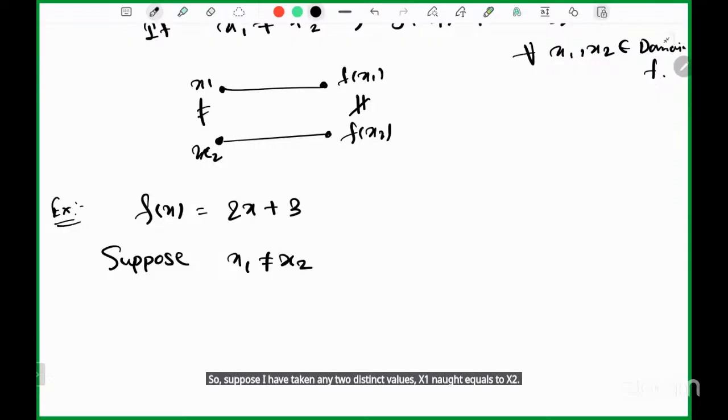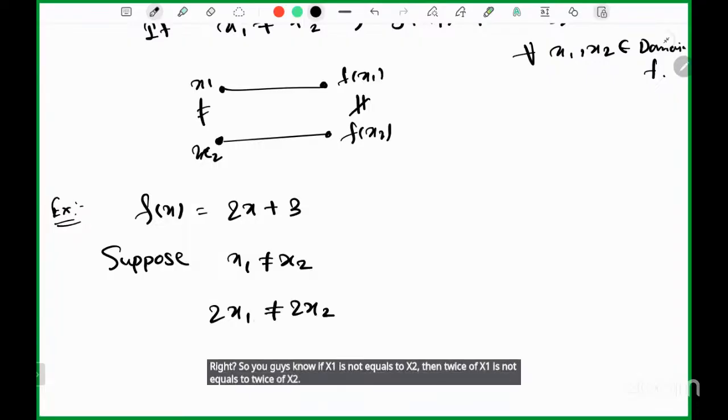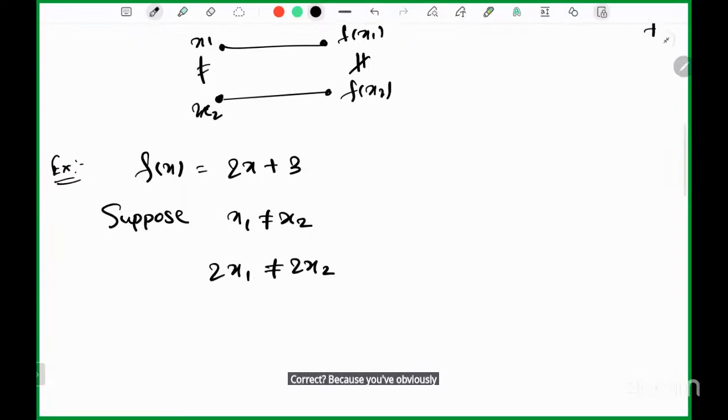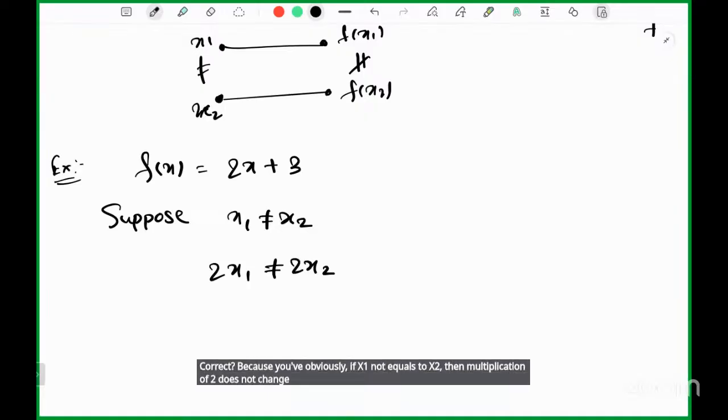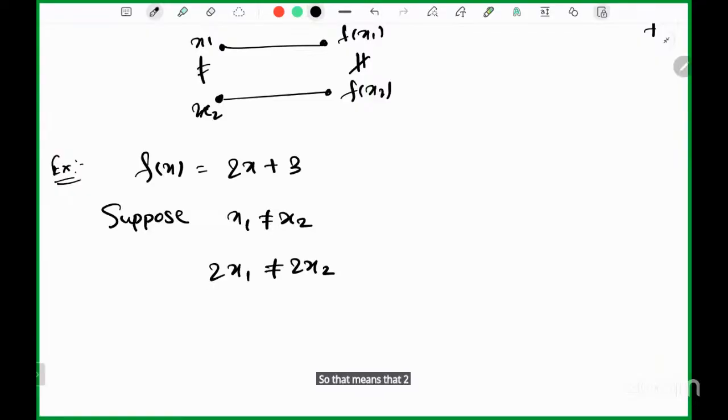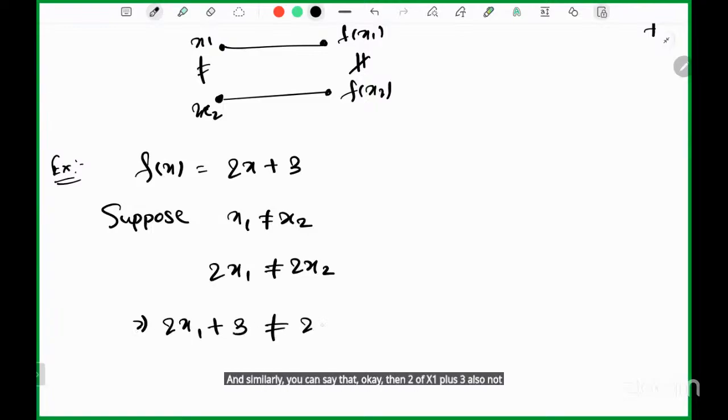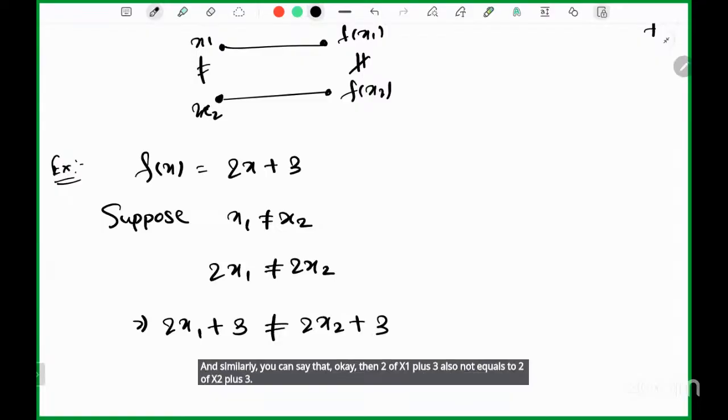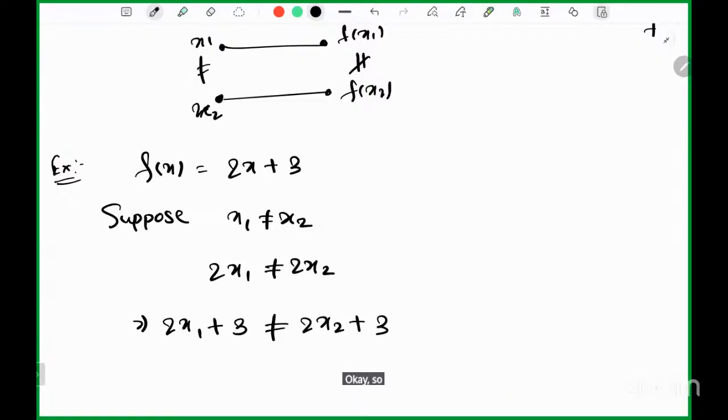You know that if x1 is not equal to x2, then twice of x1 is not equal to twice of x2, because multiplication by 2 does not change anything in the inequality. So 2 of x1 is not equal to 2 of x2, and similarly 2 of x1 plus 3 is also not equal to 2 of x2 plus 3. These steps are kind of obvious.